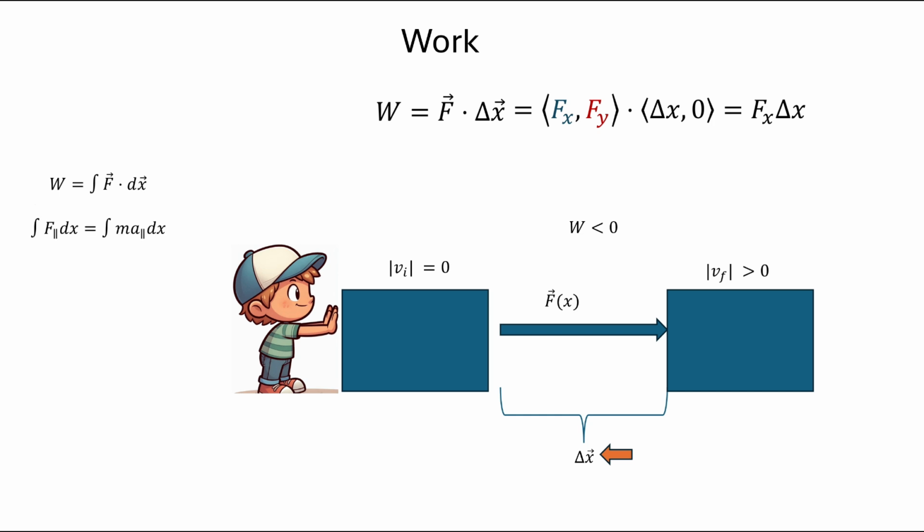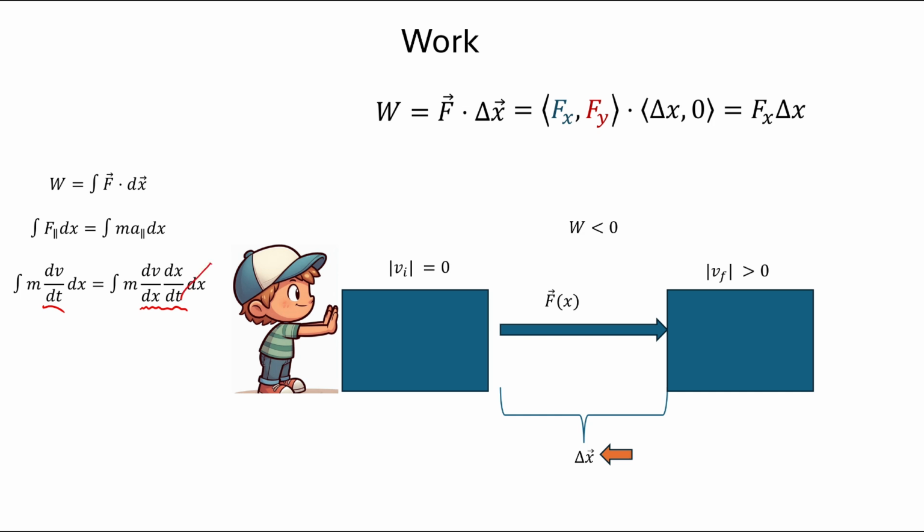So instead of writing F dot dx, since F selects the part of F that is parallel to dx, I'm going to write F parallel dx. And according to Mr. Isaac Newton, that's mass times acceleration. I'm going to show you the standard trick: you rewrite the acceleration as dv/dt. You invoke the chain rule in order to write dv/dt in terms of dv/dx.